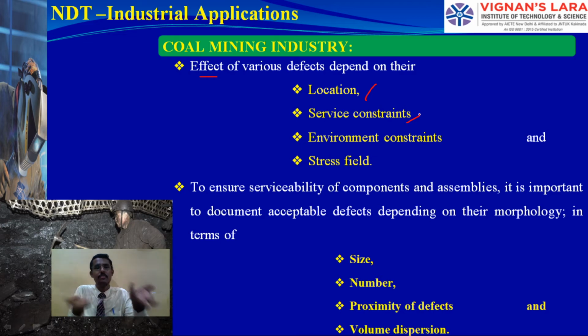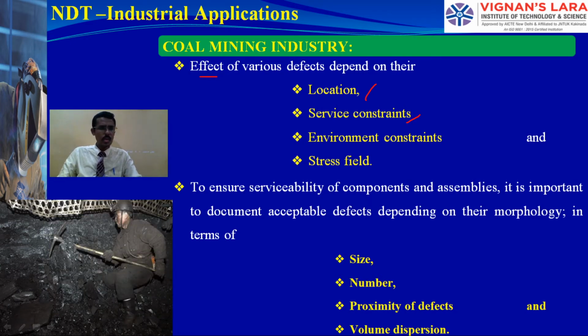Depending upon that, the defect sizes may increase. So it depends upon the locations, the service constraints, the weather and environmental conditions, whether it's a wet, hot or very cold environment. Depending upon that, the various defects will change. Definitely this creates stresses also, so stress factors also change the pattern of defects.